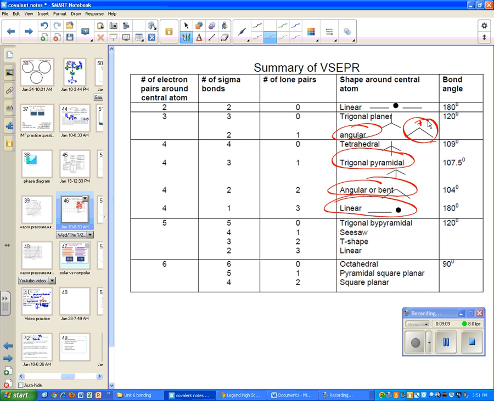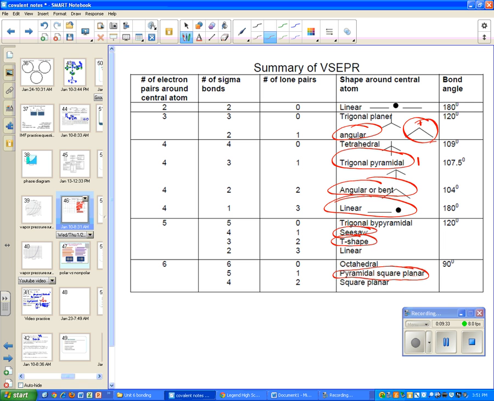On the advanced ones, the ones that are asymmetrical here, I have the seesaw and the T-shape, and then also the pyramidal and square planar. So if any of your shapes fall into those categories, then you can be polar. So look where we were. We had a trigonal pyramidal.